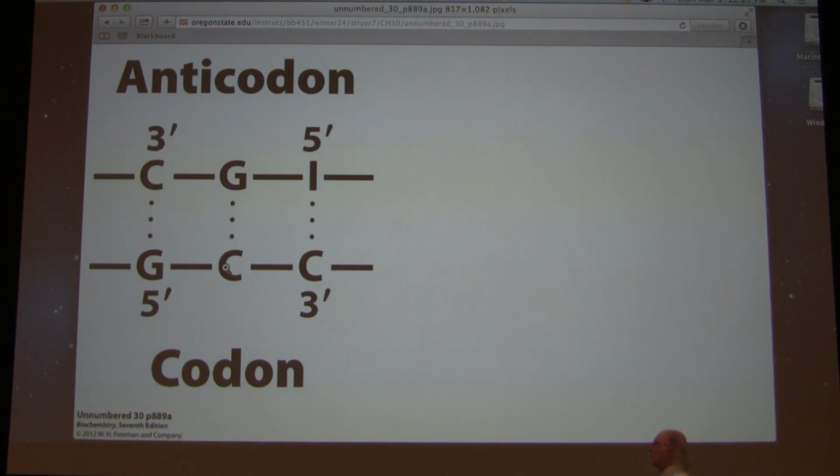If I said, what's the sequence of the anti-codon, I hope that you would tell me it's IGC, because we're reading from 5' to 3'. Right? We've got an anti-parallel setup in this case. Okay. So the anti-codon and the codon are anti-parallel, just like we always see nucleic acids. They're always anti-parallel.